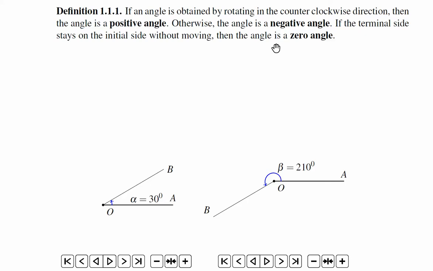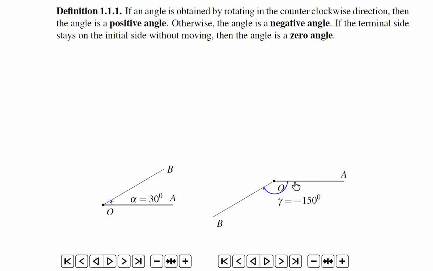But the angle can also be formed in the clockwise direction, like this, from OA to OB. From here, rotate to this spot. That will be negative 150 degrees.